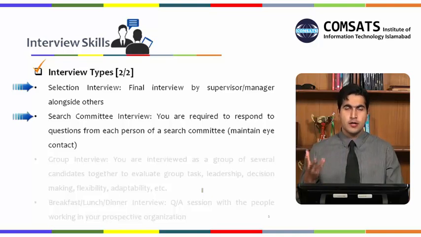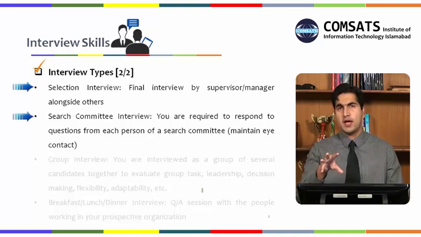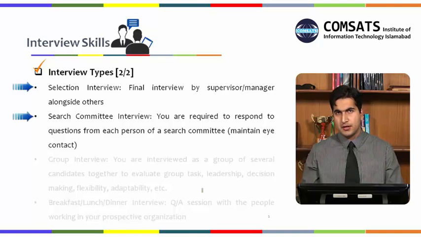They are searching for the inner potential which is inside you. They have some specific questions that they are going to throw at you, and of course it is expected from you to answer those in a well efficient manner. Such a category is known as the search committee interview, because this is the interview conducted or supervised by a search committee of individuals who are going to ask certain questions one by one.